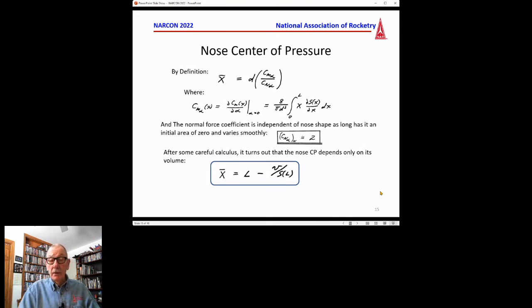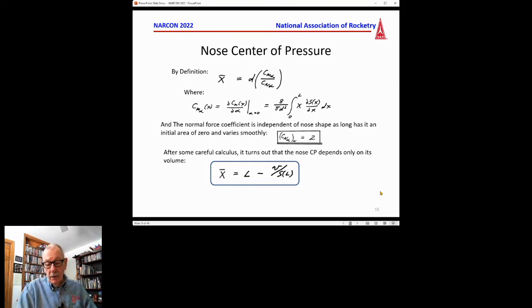And actually, you can determine the volume of a paraboloid, a parabolic nose cone. Turns out for a cone, the center of pressure is about 2/3 the length. It's 2/3 the length. For a sphere or an ellipsoid, it's a little bit more complicated.